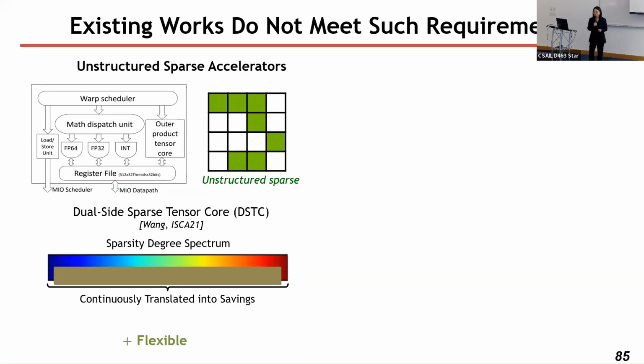However, because it needs to support these complex workloads, it has to have a lot of hardware control. So workload balancing would be one example. And they also often have costly data flow to support such workload balancing. So they are often very inefficient as hardware accelerators.